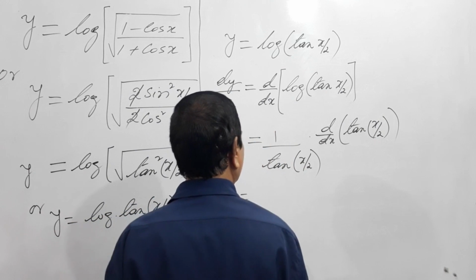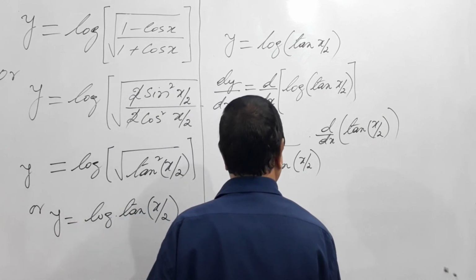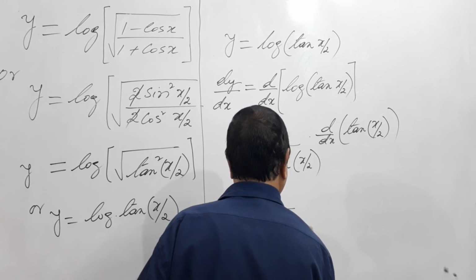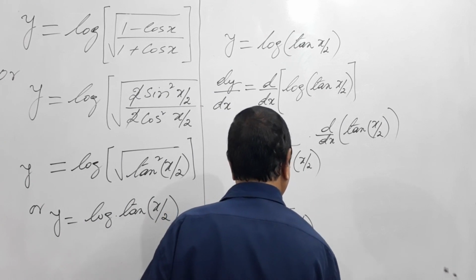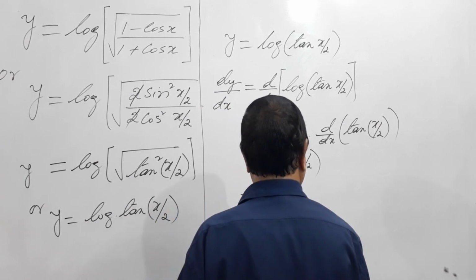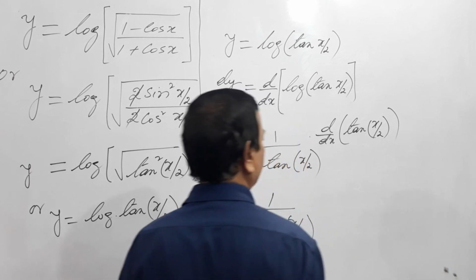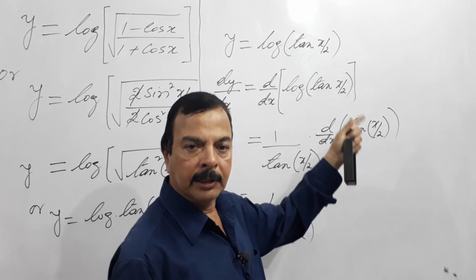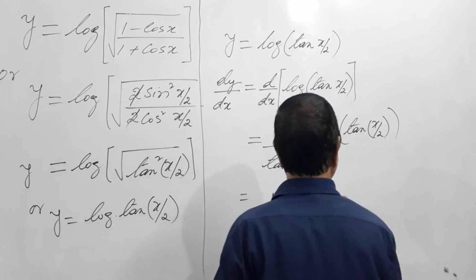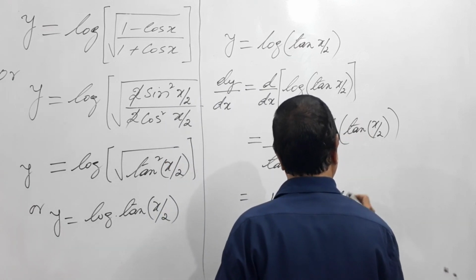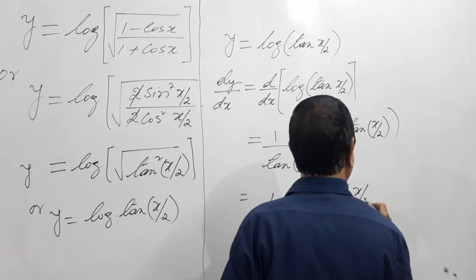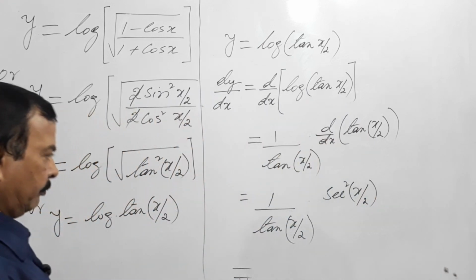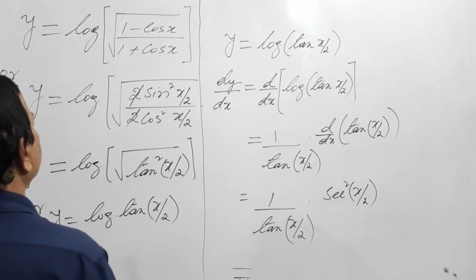So that is equal to 1 by tan x by 2. The derivative d by dx of tan x is secant square x, so this becomes secant square x by 2.